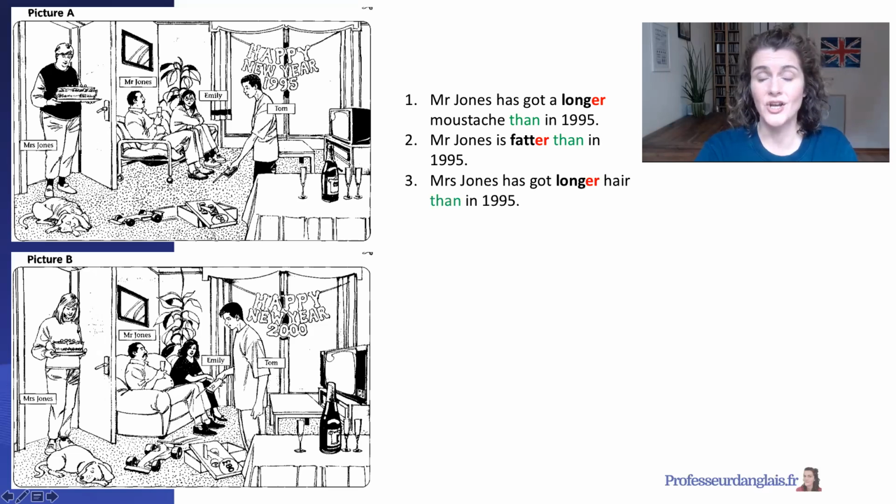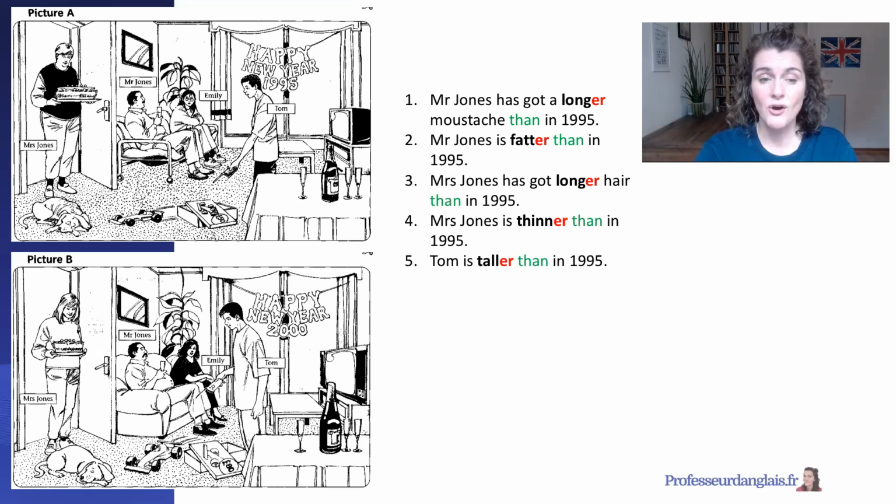We can see that Mrs. Jones has got longer hair than in 1995. Mrs. Jones is thinner than in 1995. Tom is taller than in 1995. The toy car is bigger than in 1995.